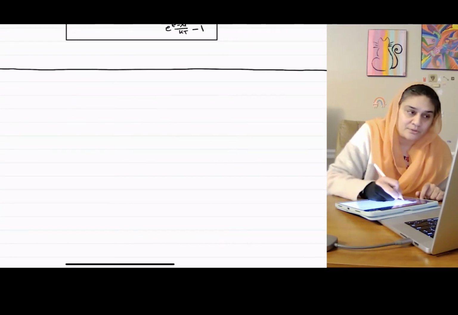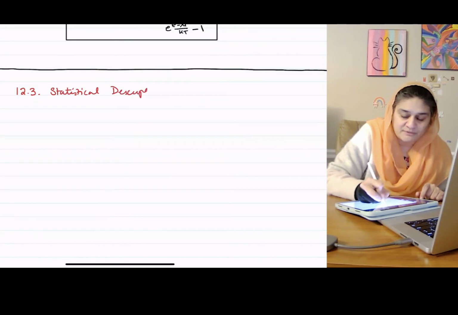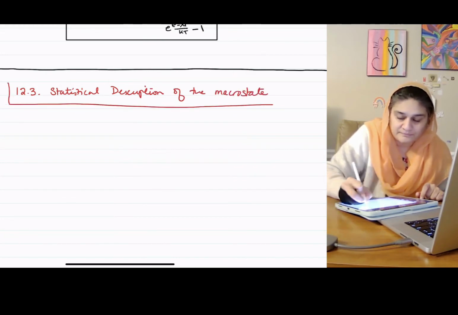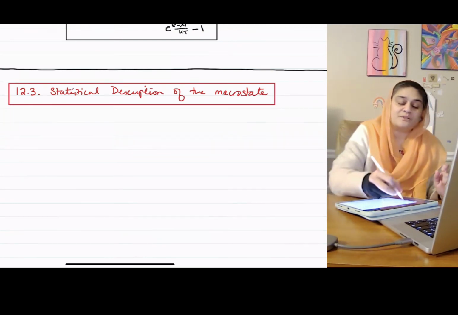So I'm going to do 12.3, which is statistical description of the macrostate. So what do we know?